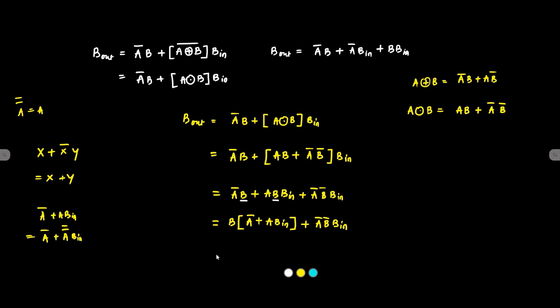So here it will be Bn and A bar or Bn, or A bar B bar Bn.